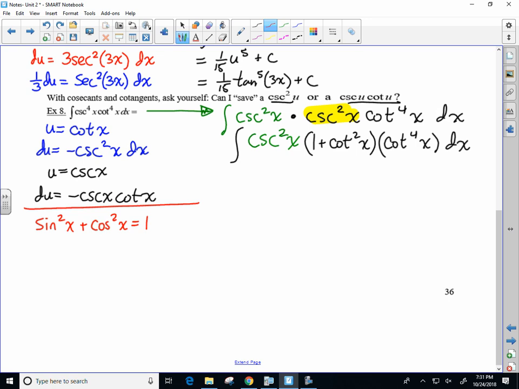I can create all the other ones if I divide everything by sine squared of x. I would get 1 plus cotangent squared x equals cosecant squared x, just by dividing everything by the sine squared.